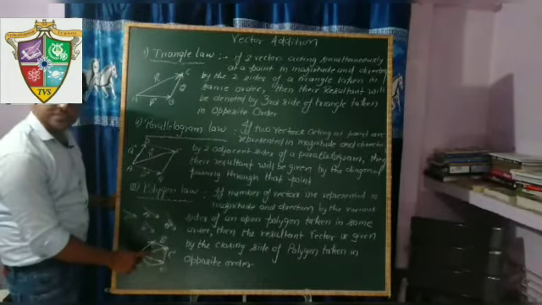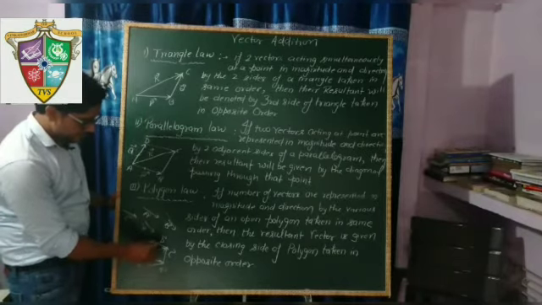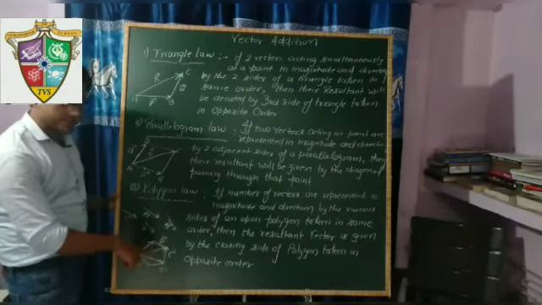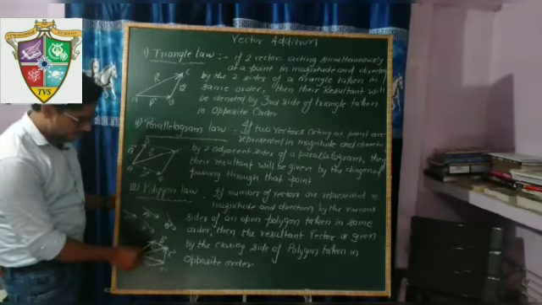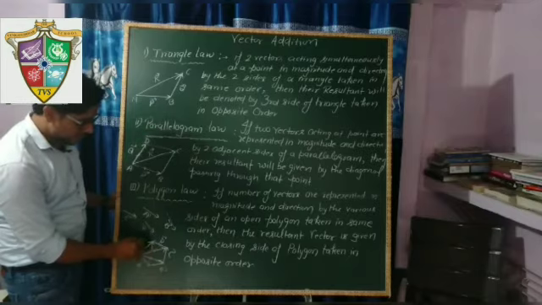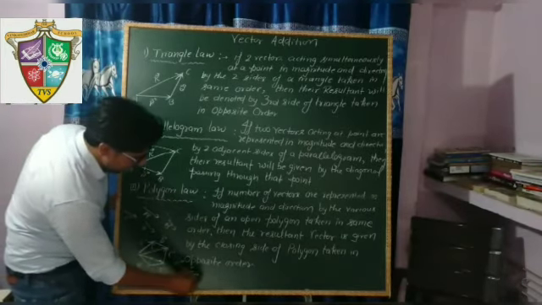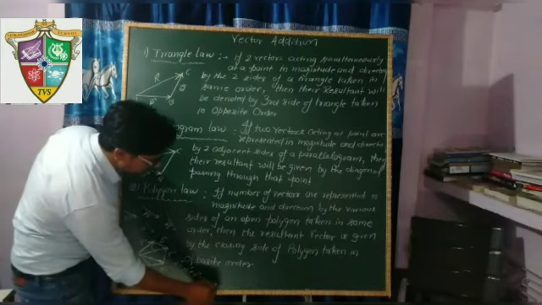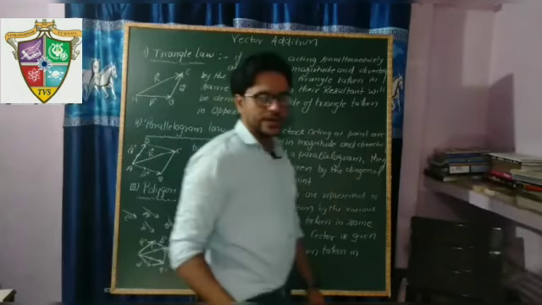This vector is A plus B plus C. Now if we take this and this side as two sides of a triangle, the resultant is given by this third side. This is A plus B plus C, this is D. This resultant R will be A plus B plus C plus D. So this is how we can add more than two vectors.